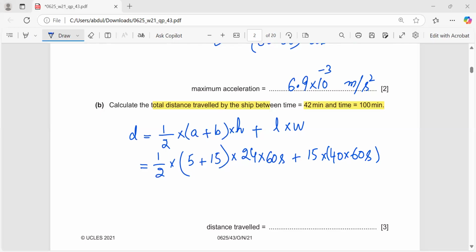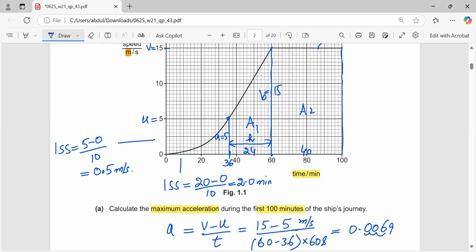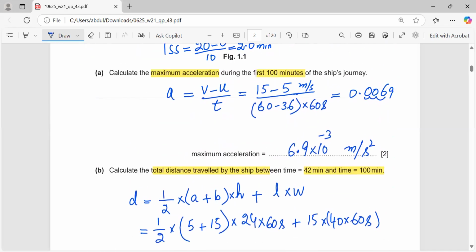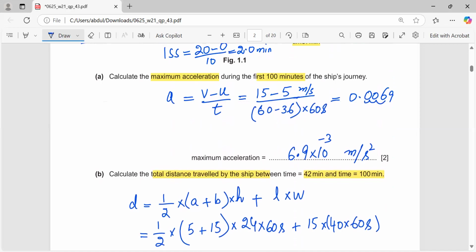Just a minute. These values, this is 5. Okay. So this answer is 14,400.